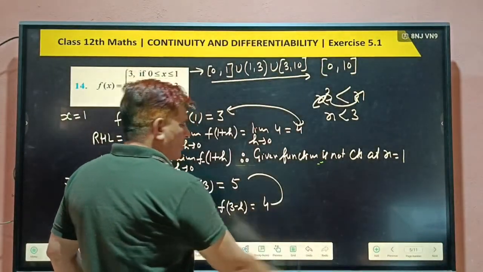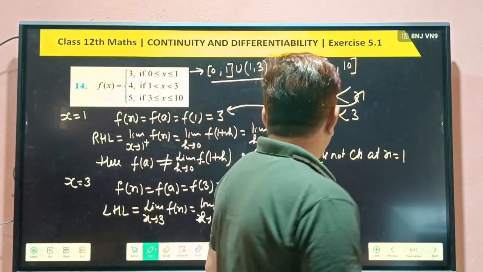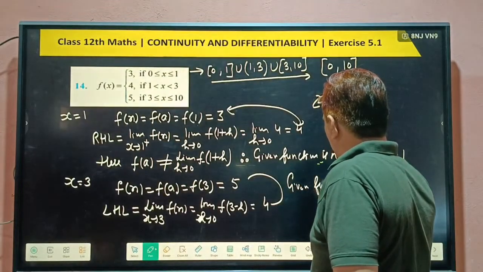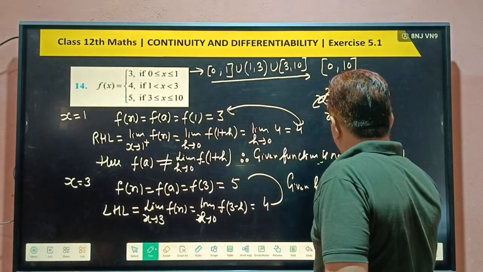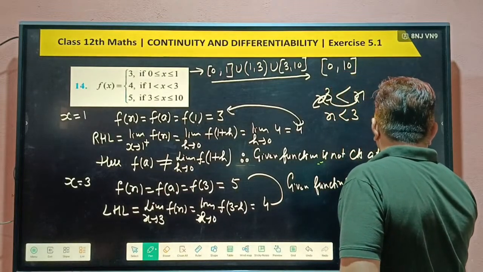These again are not equal. So what can we say? The given function is not continuous at x equal to 3.